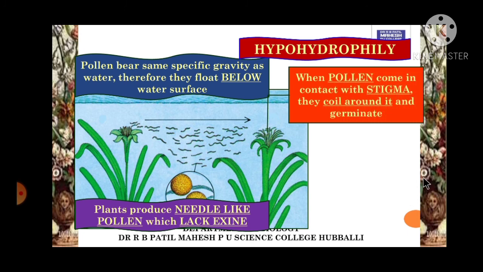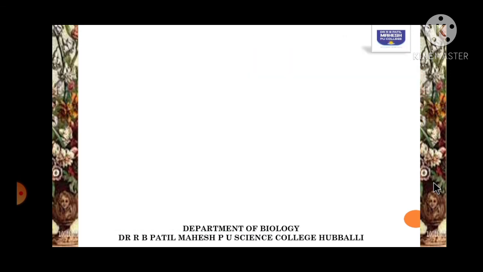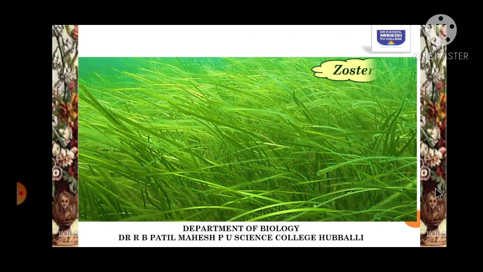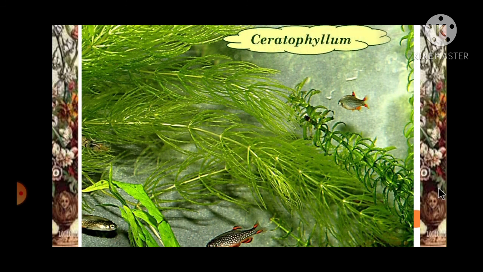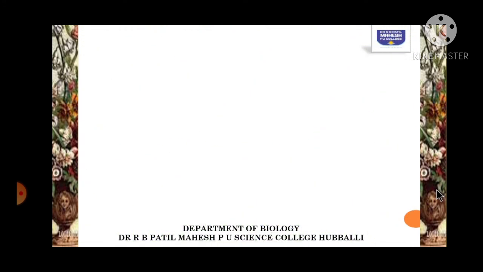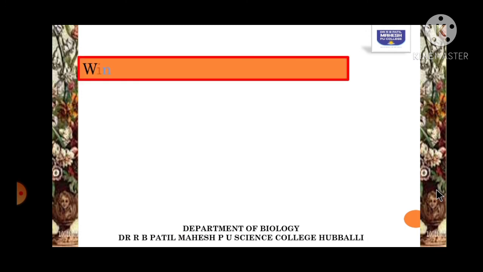Once they come in contact with the stigma, they get coiled around the stigma, germinate, and bring about pollination. An example is seagrass. Zostera marina is an example for hydrophily. Ceratophyllum is another example for hydrophily.